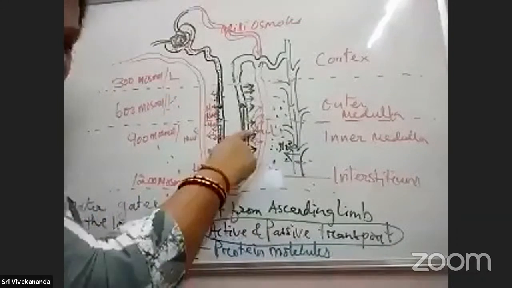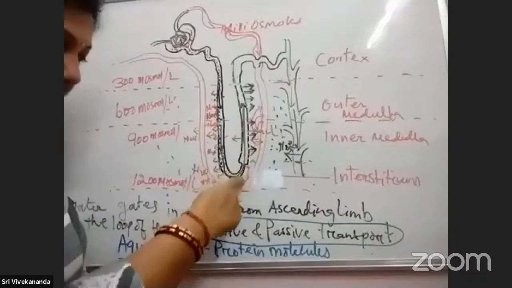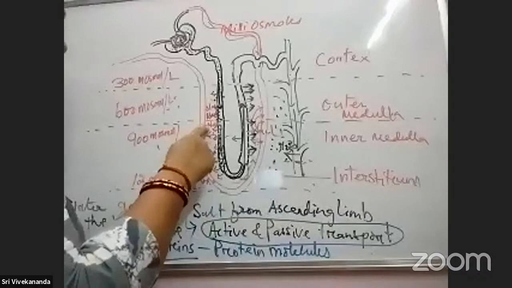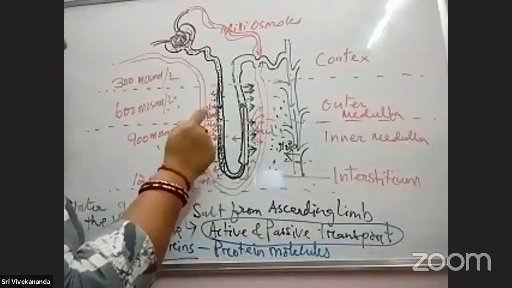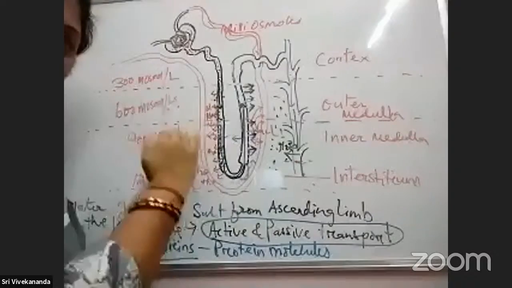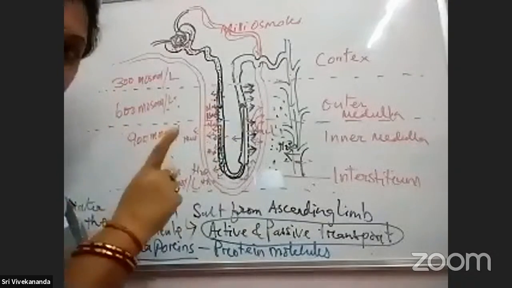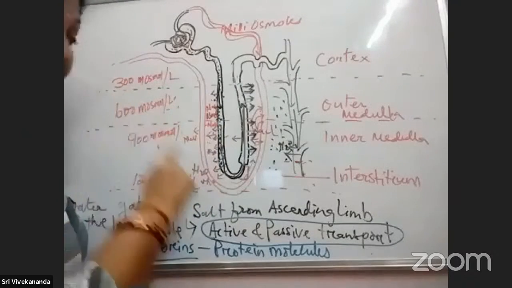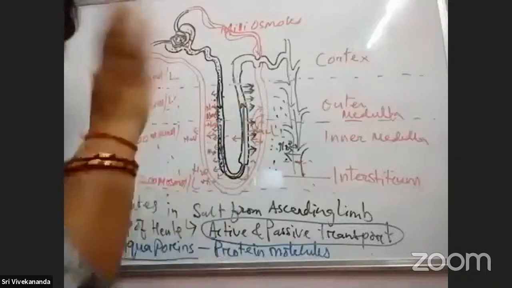The salt which is released here comes through the vasa recta here, is released to the interstitium, and from here it helps the reabsorption of water, bringing the water out of the filtrate, and it also enters the nephron tubule. Why? Because again it has to create the same condition.